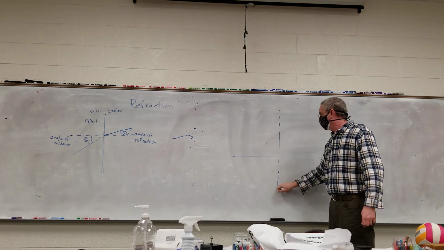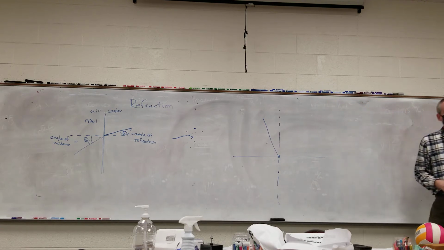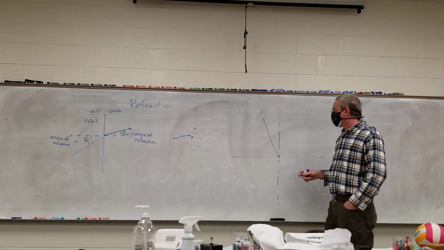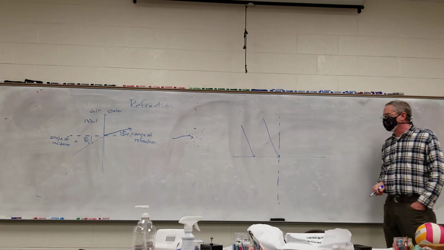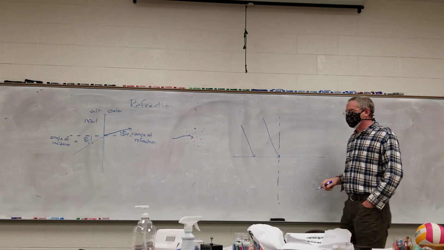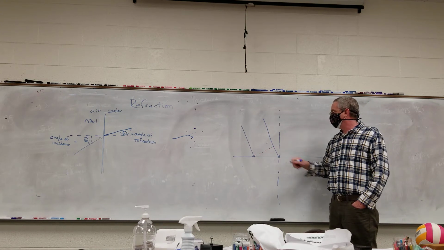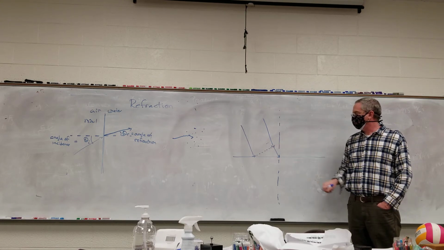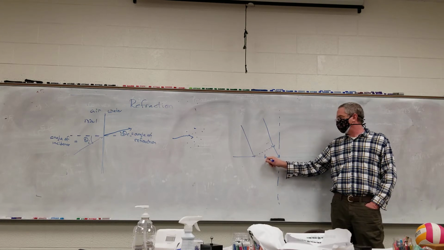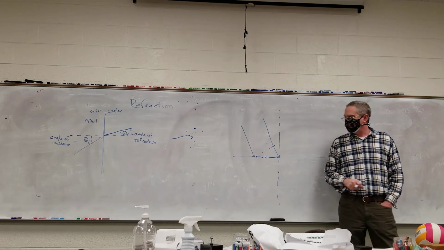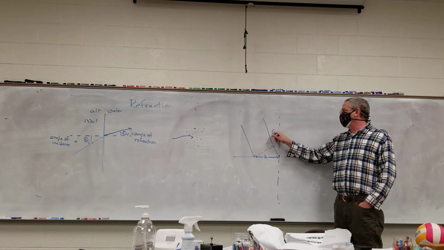So let's tilt it this way. I've got my line going this way, and I have light coming in. So let's just go with two light beams coming in. The distance between here and here, we'll just label as the letter h. I have some angle of incidence here, theta sub i.